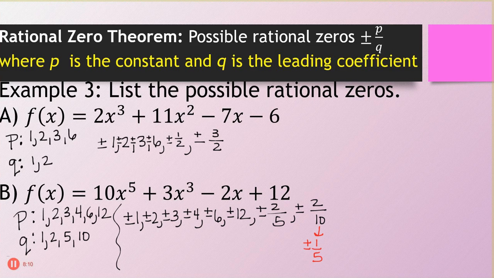Now let's take our third number. We have 3 divided by 1, which we already have. 3 divided by 2. And then we have 3 divided by 5. And we have 3 divided by 10.